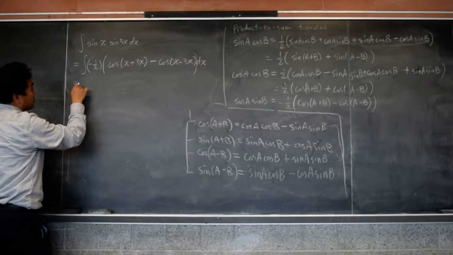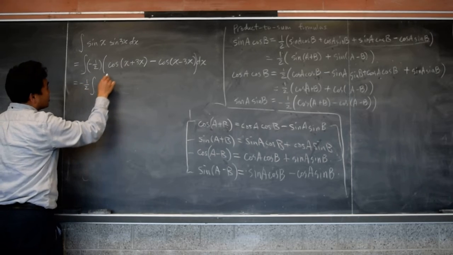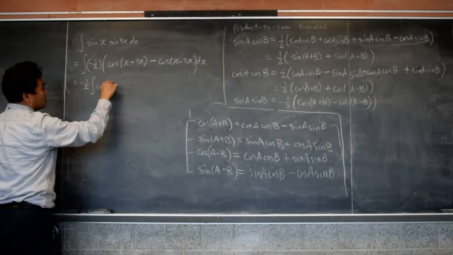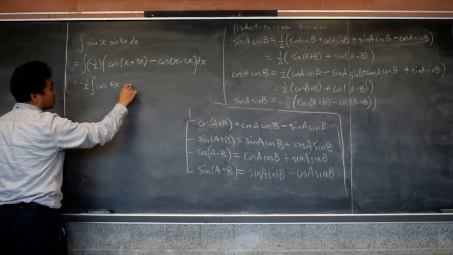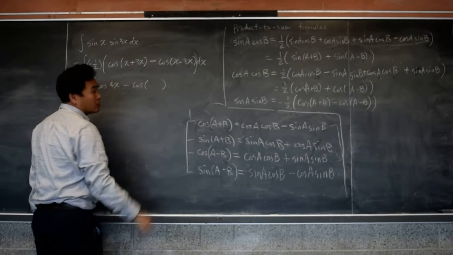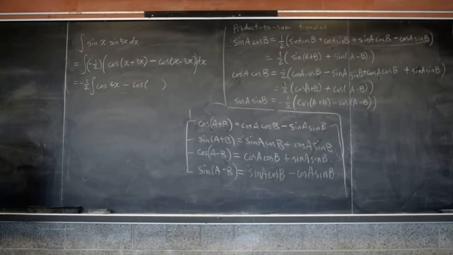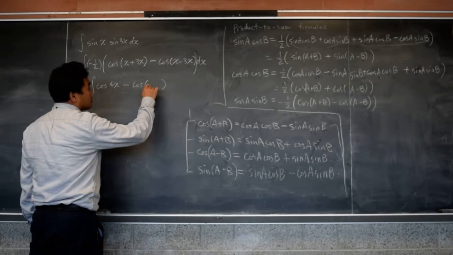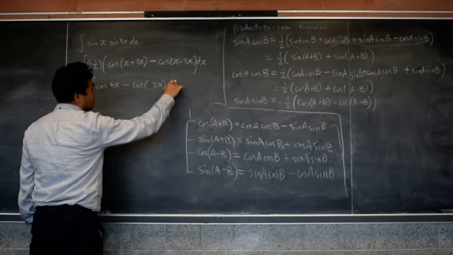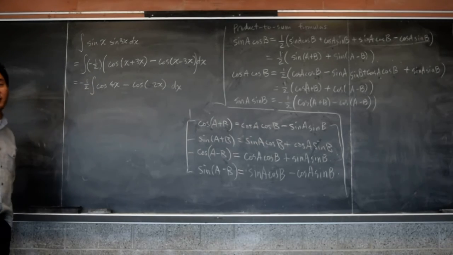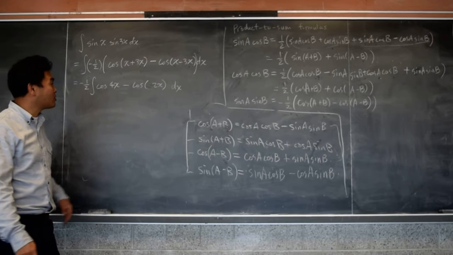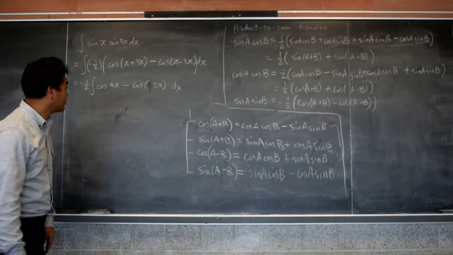Negative 1/2, we can pull it outside. Cosine of x plus 3x is 4x. What about this? x minus 3x is negative 2x, but this negative is not needed. Why? Because cosine is an even function, so if you have a minus, you can just delete it.